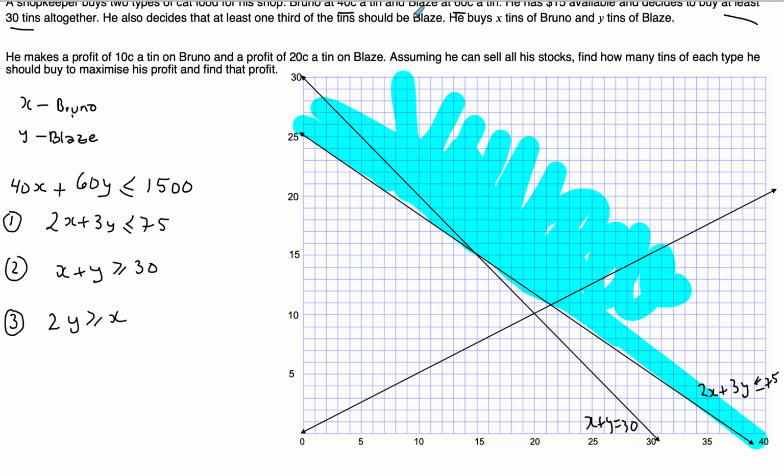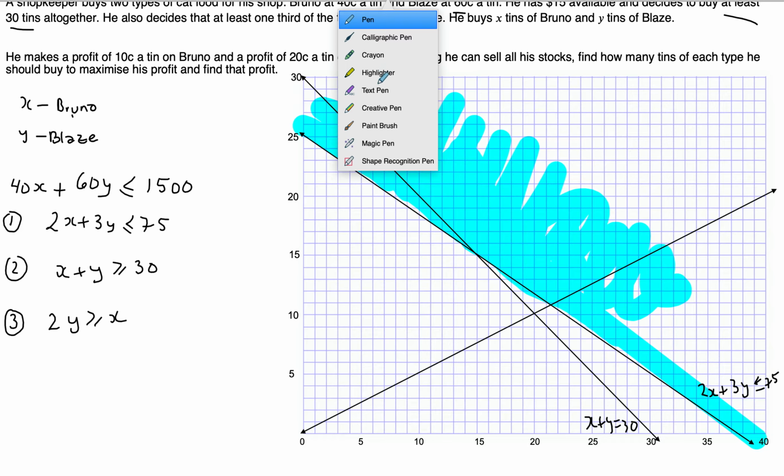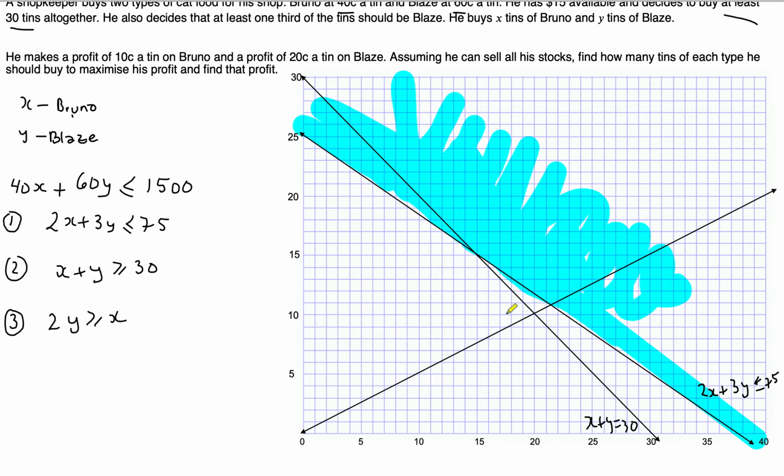I need the combination of x and y to be more than 30. So I can't take anything less than this line. So anything less than this line will not be included. So anything less here. Hopefully it's quite obvious where the region is.